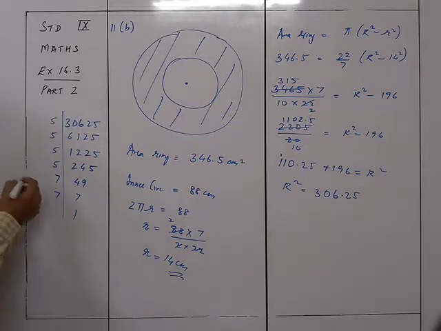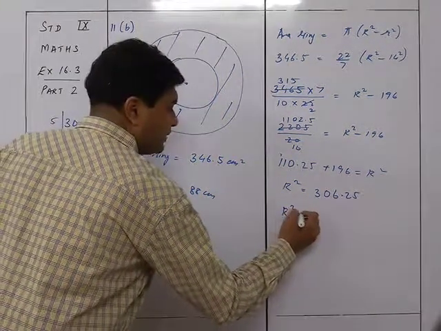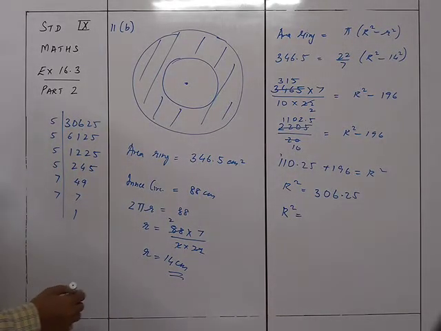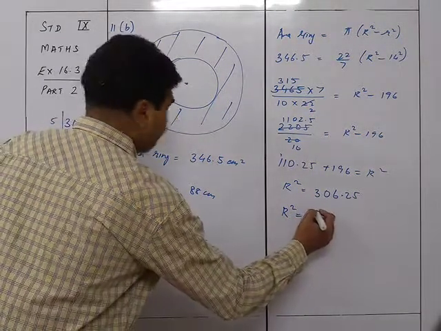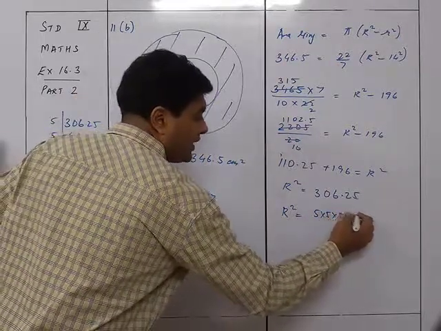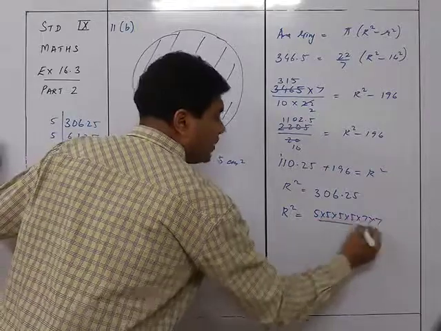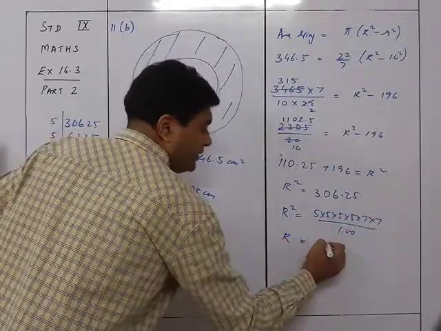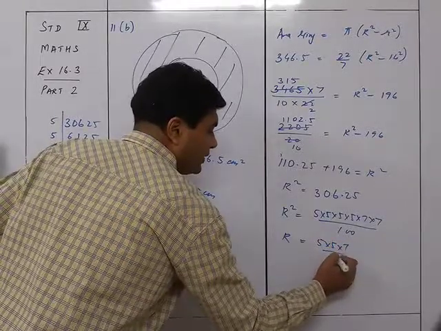So that will give me R square is equal to 5 into 5 into 5 into 5 into 7 into 7 upon 100. So R will be equal to 5 into 5 into 7 upon 10.